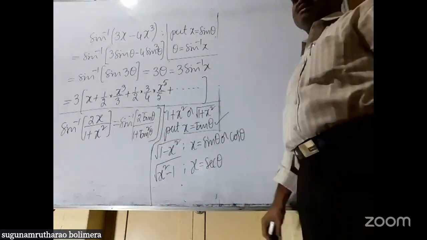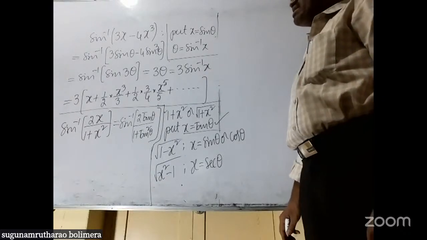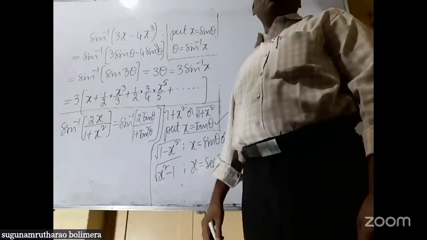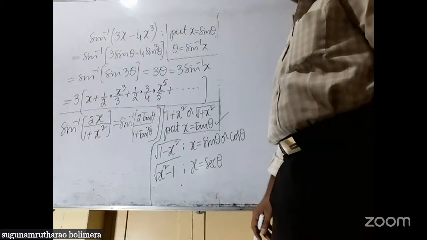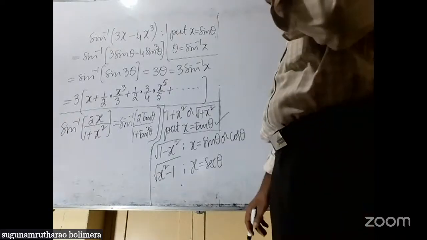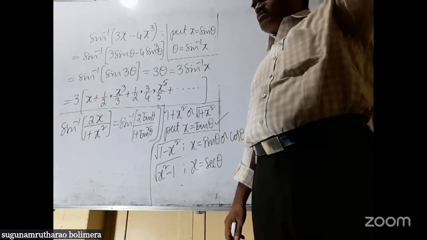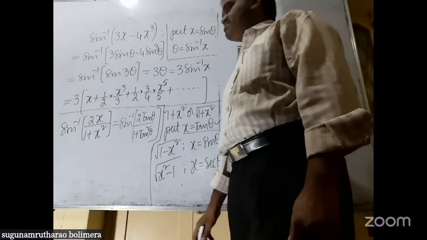So 1 plus tan square theta is nothing but, what is the value? 1 plus tan square theta equals to secant square theta.